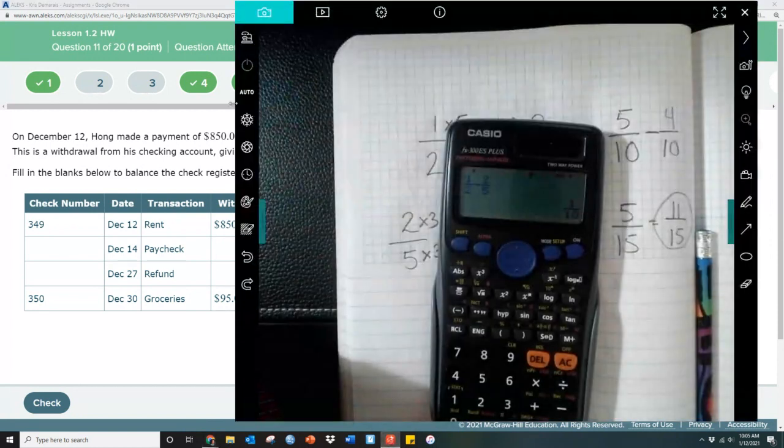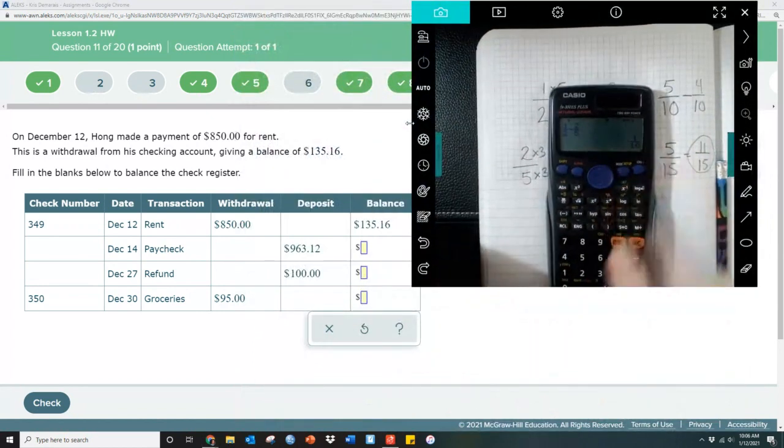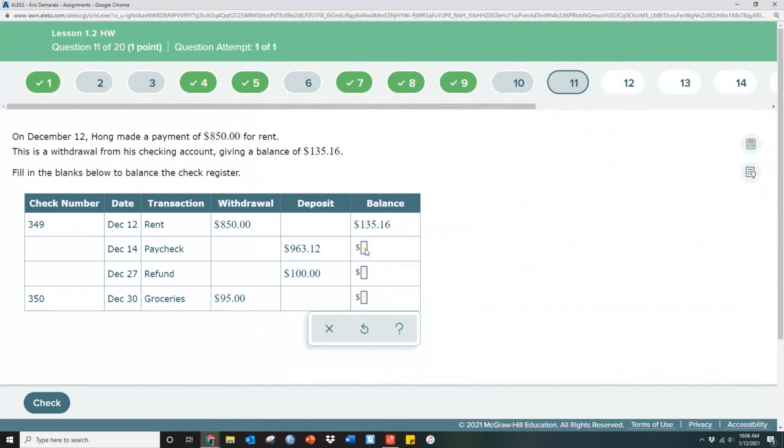So what we need to do is go ahead, taking our calculators, we do 135.16, and we're going to add to that the 963.12. And then we'll have in our account $1,098.28.